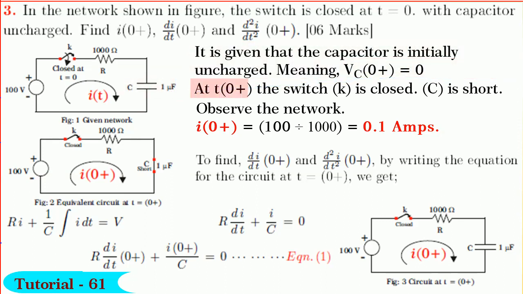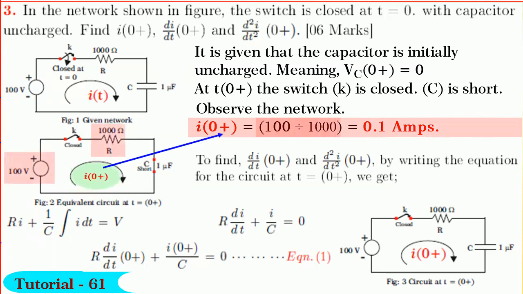Friends, at t equal to 0+, the switch K is closed, C is short. Incorporating these aspects, the equivalent circuit at t equal to 0+ drawn is shown in figure. Observe the network. We find that I(0+) is equal to 100 divided by 1000, equal to 0.1 amperes. We have got one answer already.